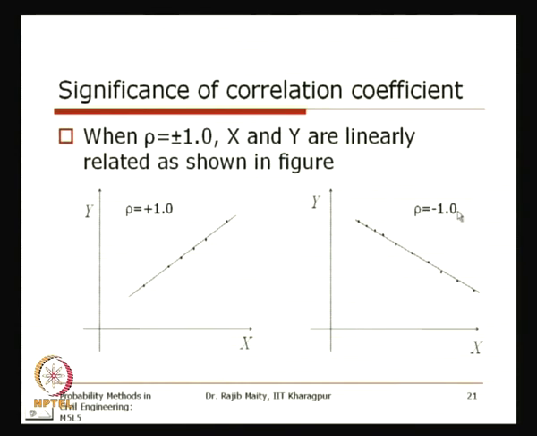When it is exactly equal to -1, the increase of one ensures the decrease of the other, and vice versa. So, these are all on a perfect straight line. If it has a decreasing trend towards positive x, then it is -1, and otherwise it is +1.